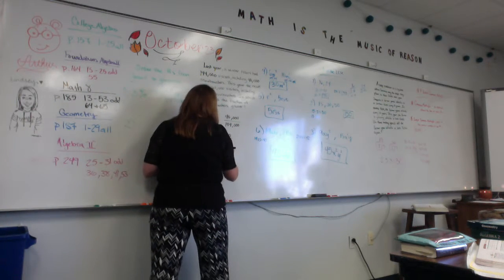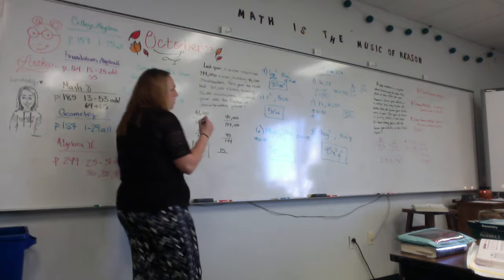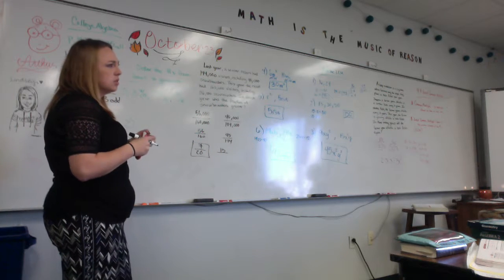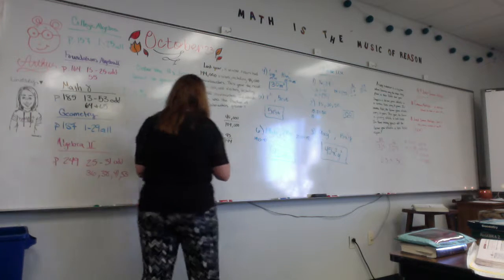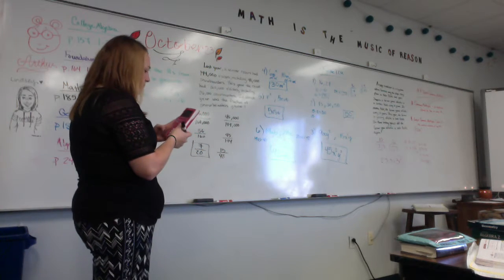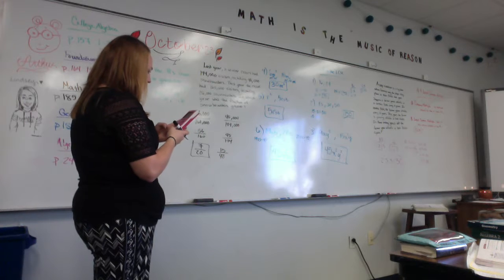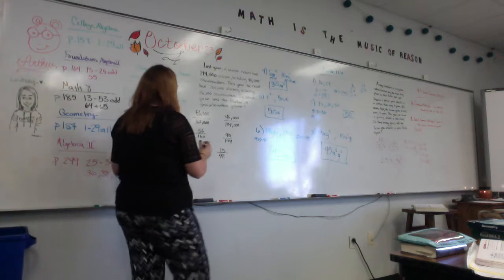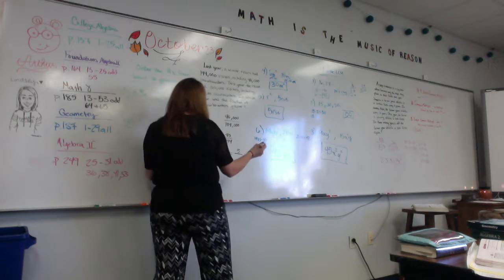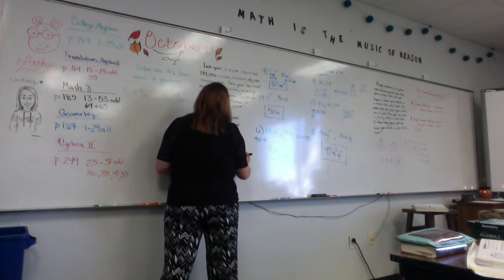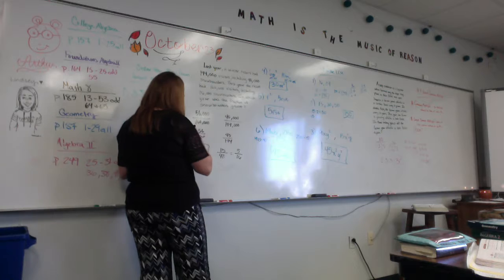How many times does 3 go into 144? 48. Can anything go into both of those again? 15 and 48 can be divided by 3, yes. So 15 divided by 3 is 5. 48 divided by 3 is 16.